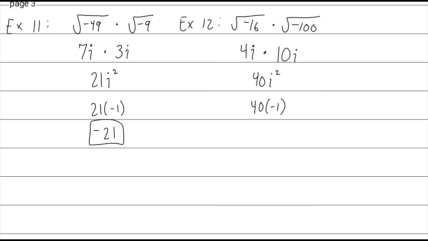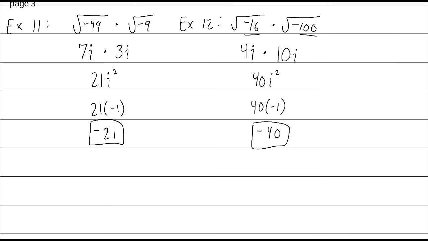Negative 1. So that's really 40 times negative 1. That's negative 40. If you were to multiply these two together the wrong way, you would end up with the square root of positive 1600, and the square root of 1600 is a positive 40. You see, you get the wrong answer. You get the wrong sign. So just be careful with that.